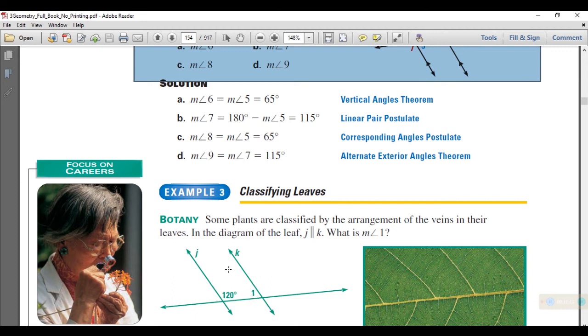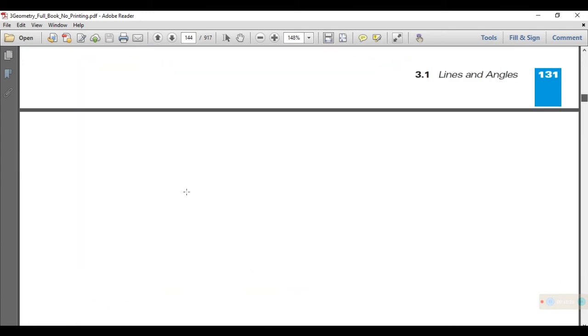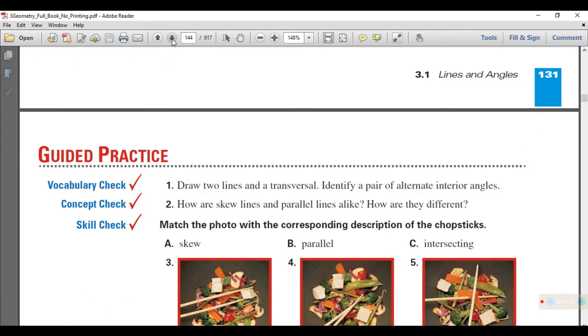So, ano yung relationship ni 120 degrees with angle 1? Sila ay what? Consecutive interior angles, right?